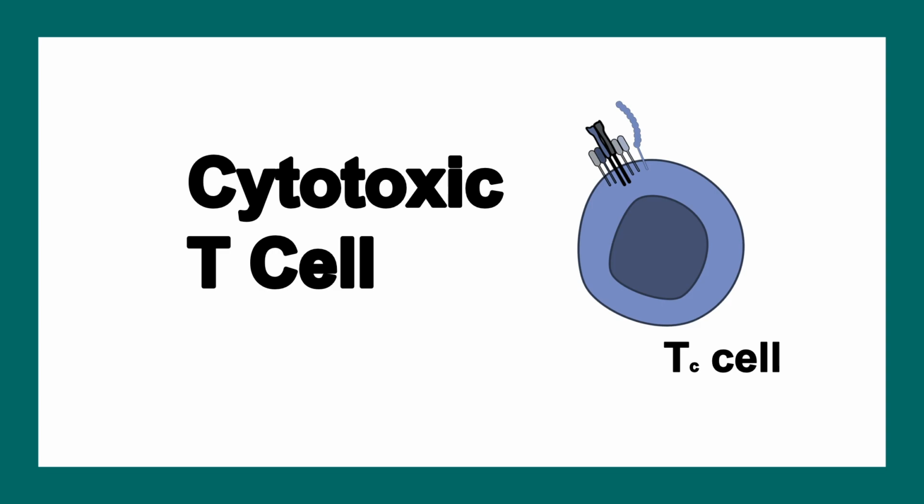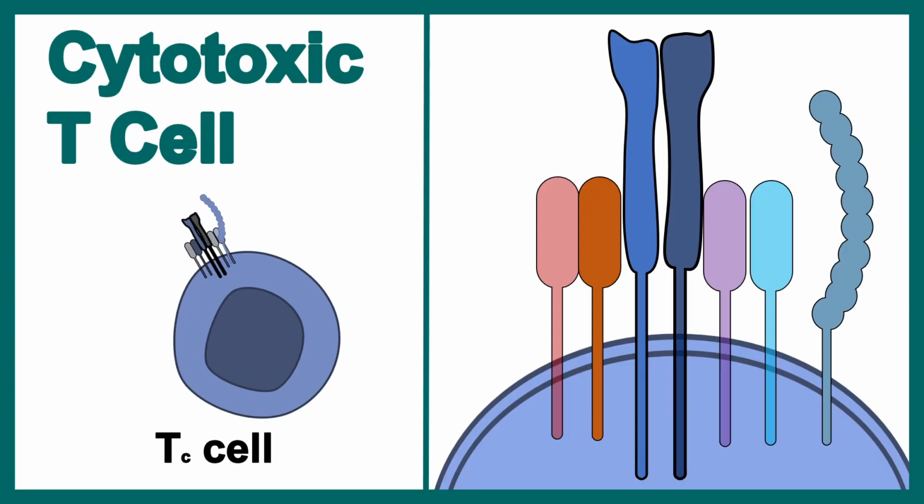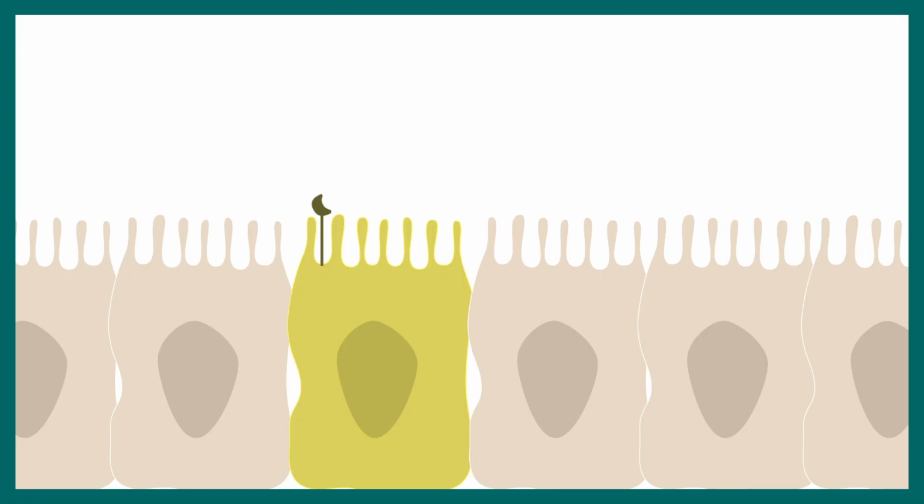Now let's talk more about the other half of the T cells, the cytotoxic T cells, which are cold blooded killers. So cytotoxic T cells have CD8 co-receptors, whereas the T helper cells had CD4 co-receptors. So the question is, who activates cytotoxic T cells?